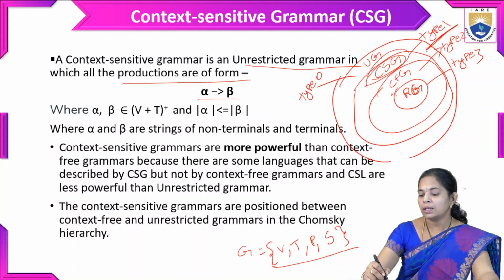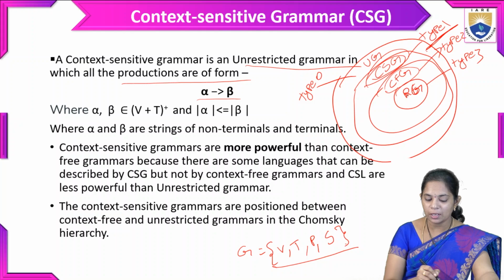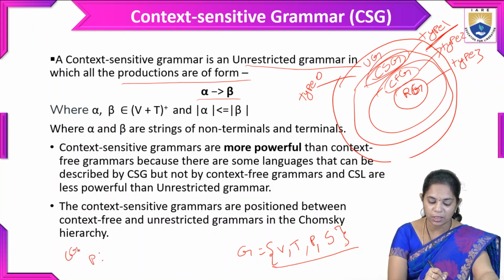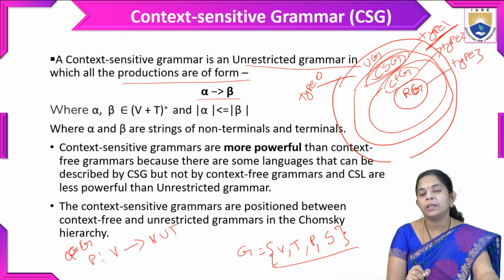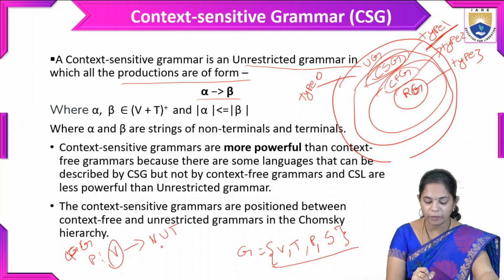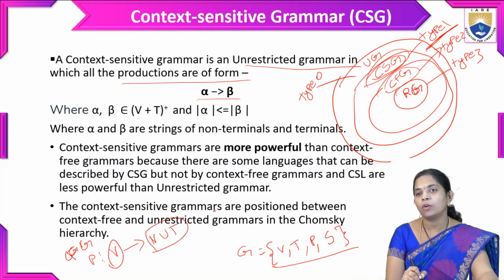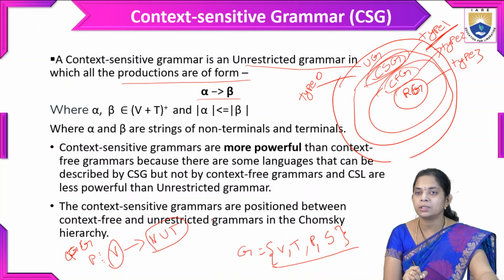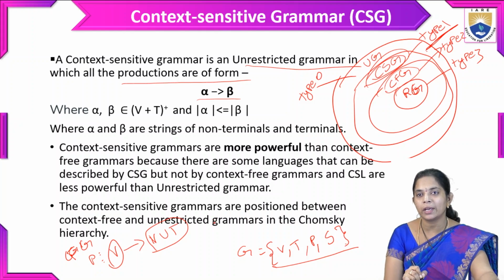In the context free grammar we have a production rule like this. The production rule is of the type where only a single non-terminal is on the left hand side, and the right hand side is a combination of terminals and non-terminals, or a single terminal is also acceptable.